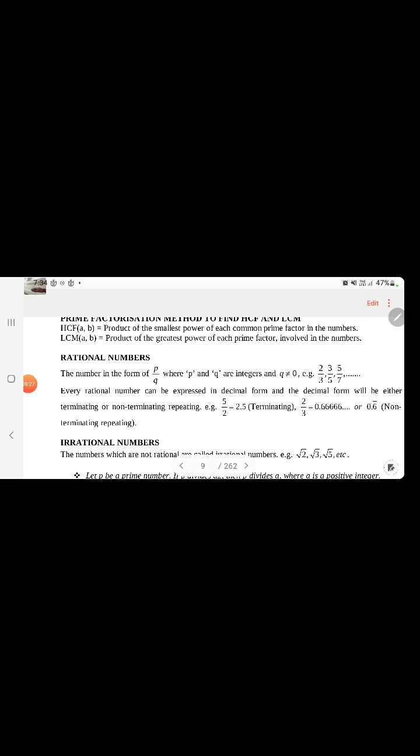Every rational number can be expressed in decimal form, and the decimal form will be either terminating or non-terminating repeating. Here you can see in this example, 5 by 2 can be converted into the decimal form 2.5, which is a terminating decimal.